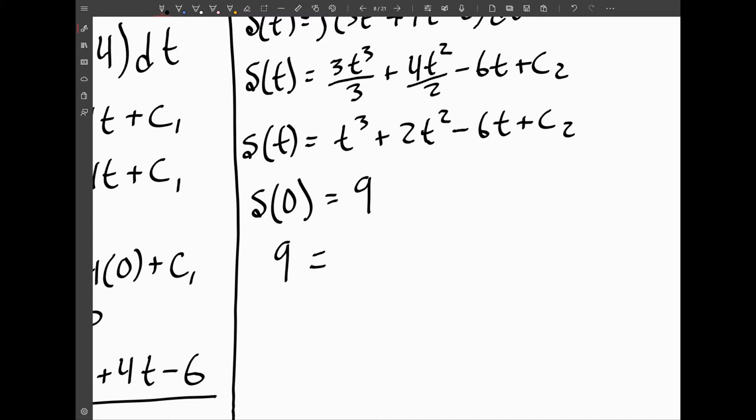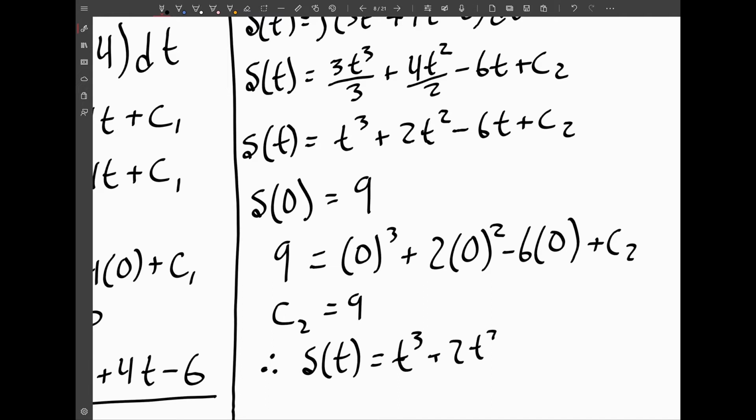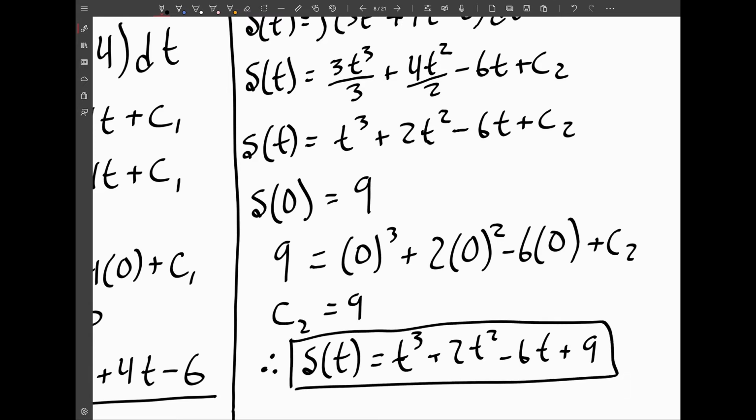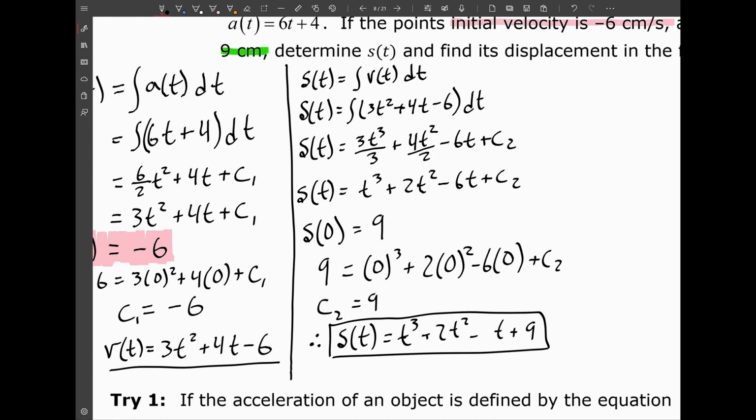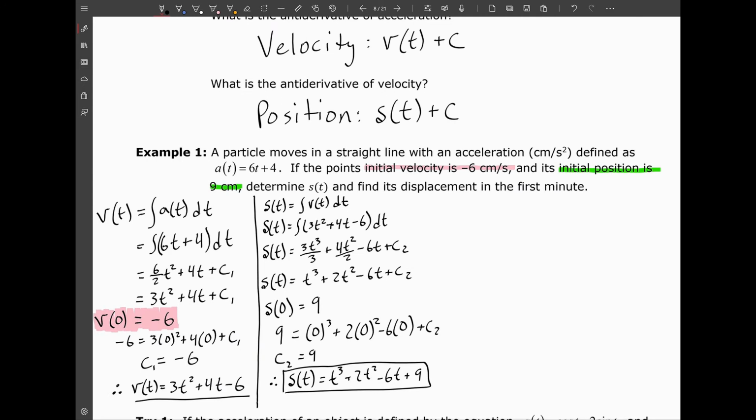So that means that 9 is equal to 0 cubed plus 2 times 0 squared minus 6 times 0 plus c2, which means c2 is equal to 9, which gives us our position equation, which is what we were looking for, at least one of the things we're looking for: t cubed plus 2t squared minus 6t plus 9. All right, so we've got the equation for our position. That's just using the same strategy that we used in differential equations.